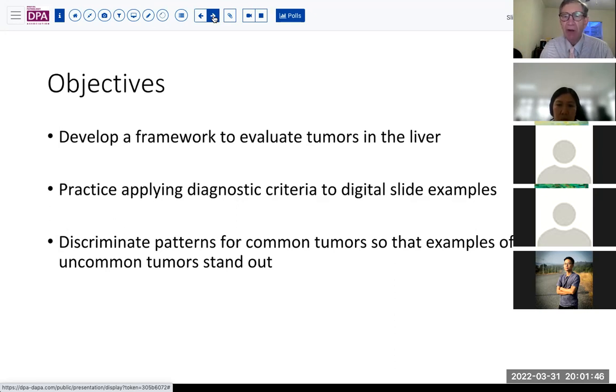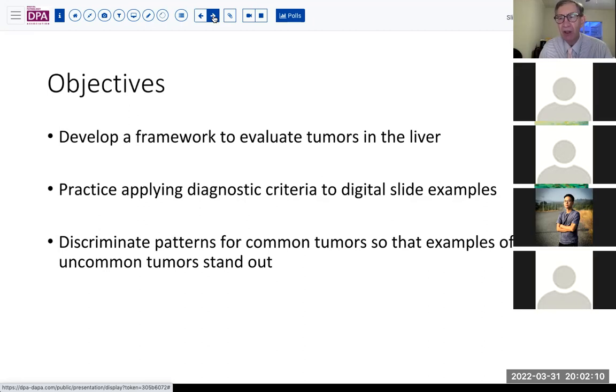Mostly, we will talk about the common tumors with enough variety of different cases and examples, so that when you encounter an uncommon tumor, something that doesn't fit what you have seen before, you will know not to just call it another one of these tumors. So you'll know that it's an unusual variant. And that's a big part of pathology, is getting enough experience to know when something is close enough to be the same thing or when it really is quite different and needs a different evaluation.